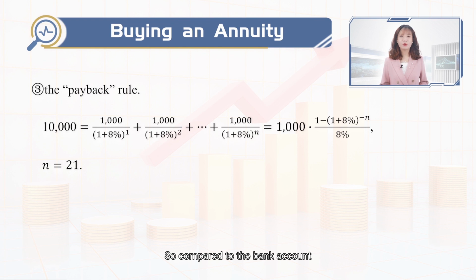So compared to the bank account, if you live for 21 years rather than 15, the insurance company would end up paying you an implied interest rate of 8% per year. In conclusion, the investment in the insurance is not worthwhile.